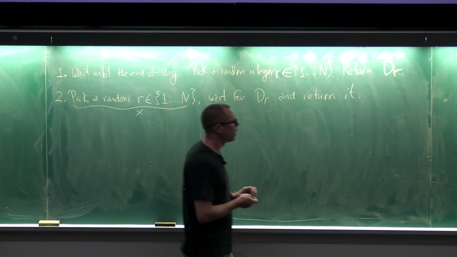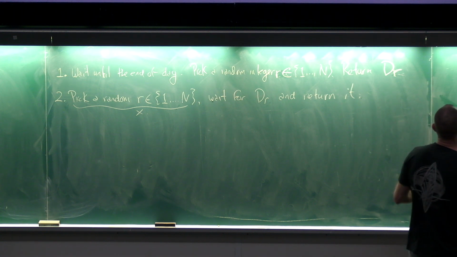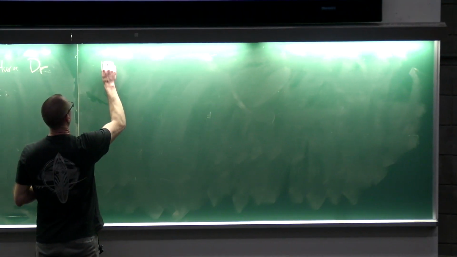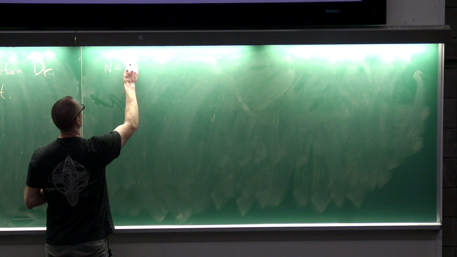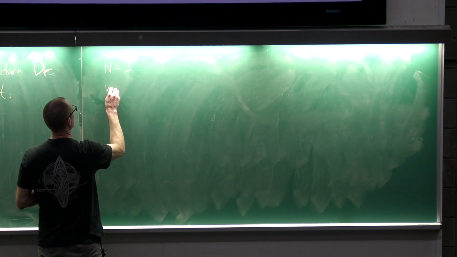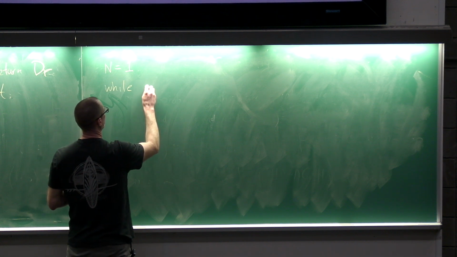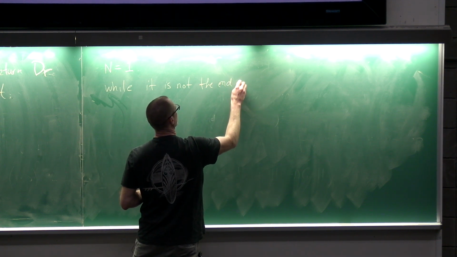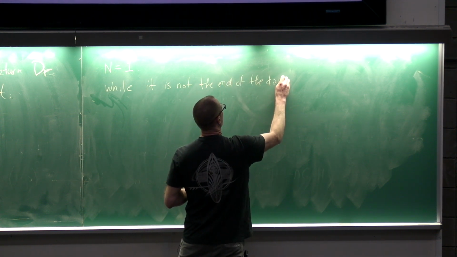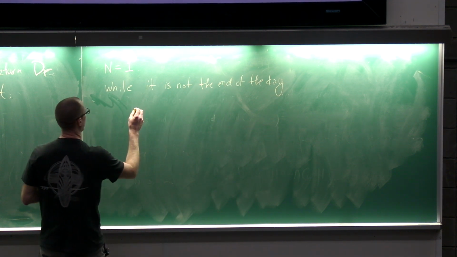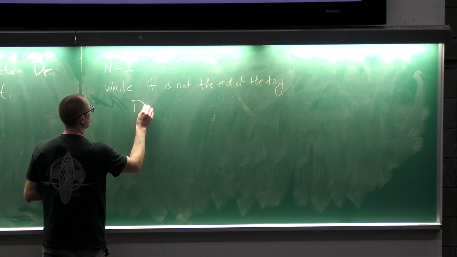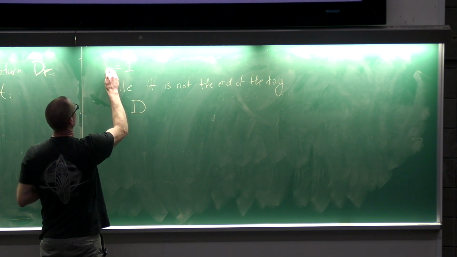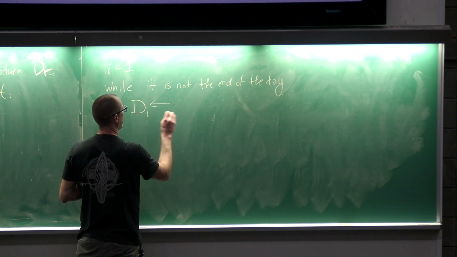So here's what you do. Let's start with n equal to 1, and you say, while it is not the end of the day, meaning there's still going to be one more event, let's say d, maybe better not to call it n, let's call it i. d_i is the next event.